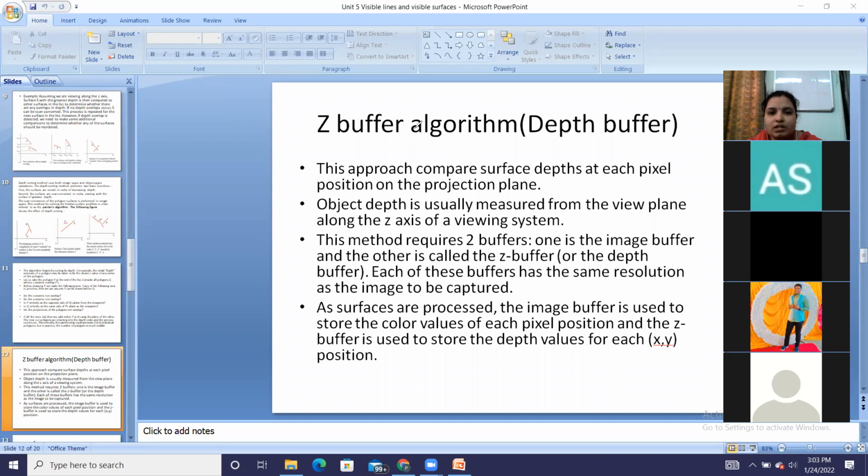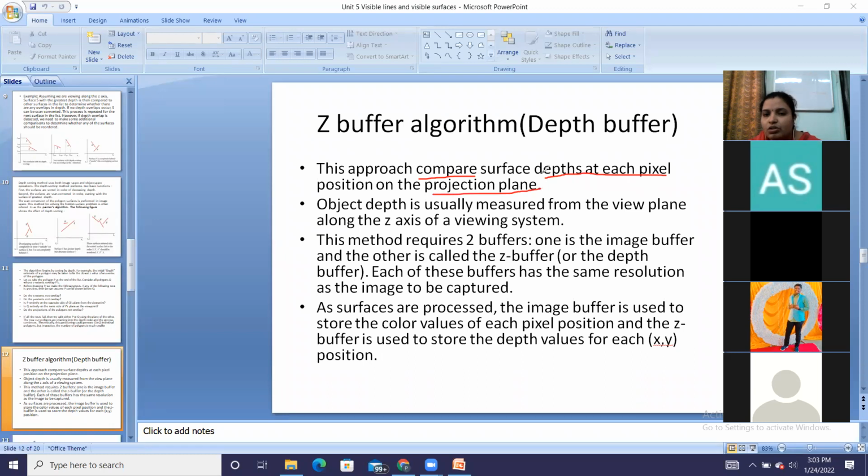Okay, so let us see this method. This approach compares surface depth at each pixel position on the projection plane. So here you have to make multiple comparisons for the depth of every pixel on the projection plane.